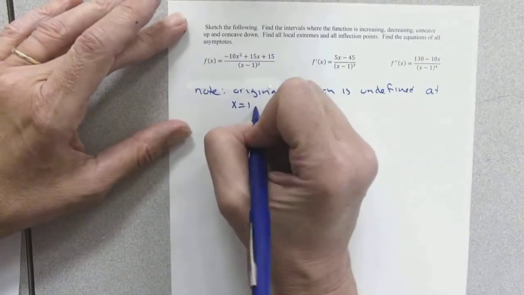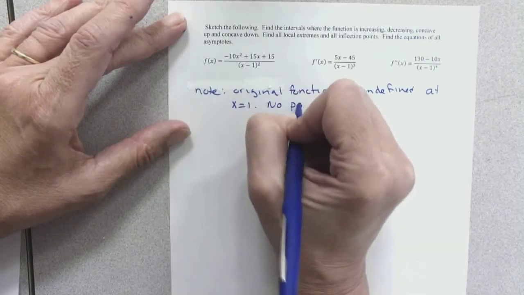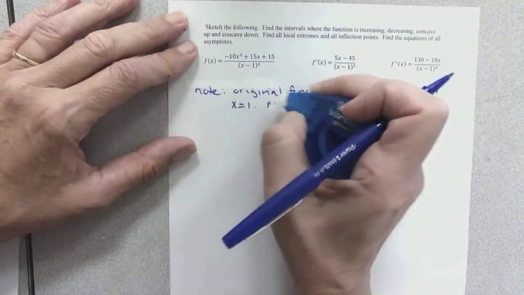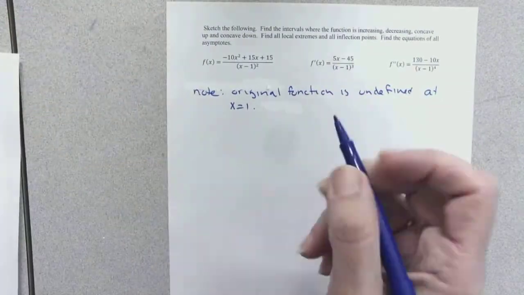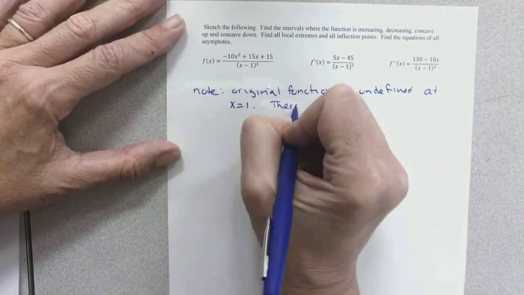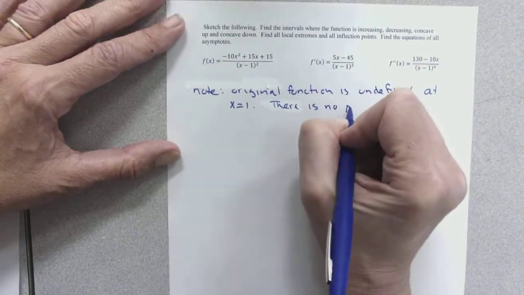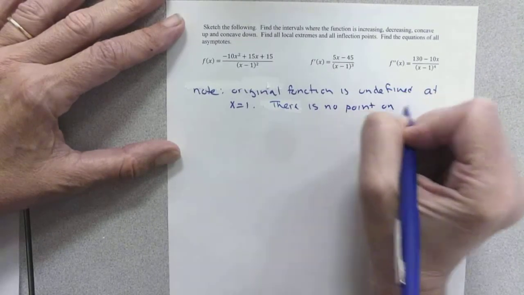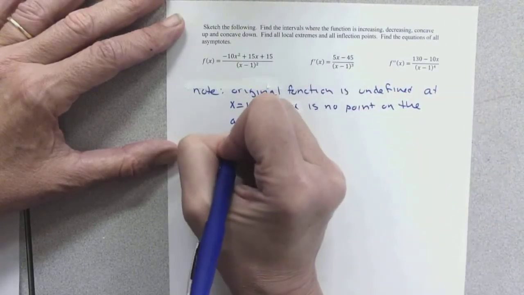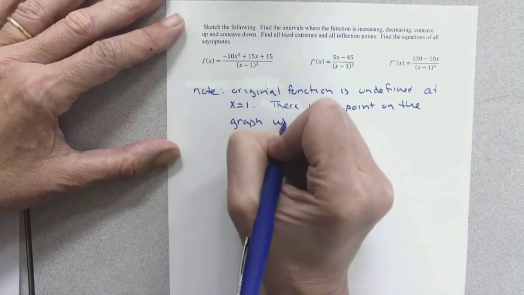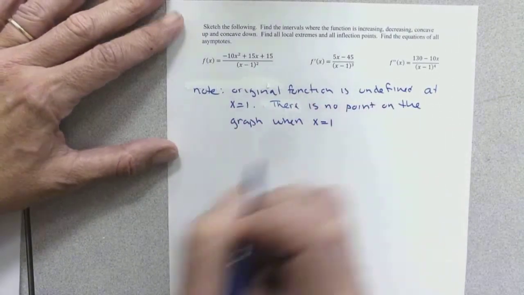And so what this tells me is there is no point on the graph when x equals 1.